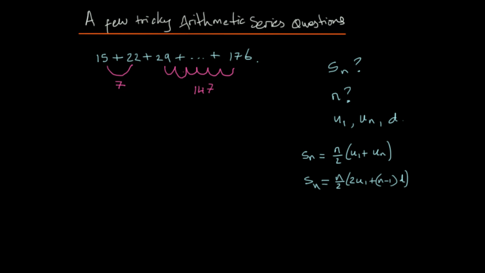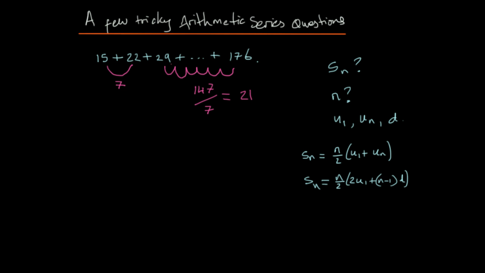So if we know how many terms there are between the 29 and the 176, including the 176, then to that number of terms we just add 15, 22, and 29, and we have our n. Hopefully that makes sense. So this number here, 147, which is going to see you all the way to 176, if we divide that by the difference, which is 7, we get 21.